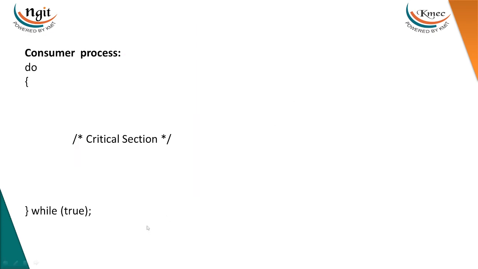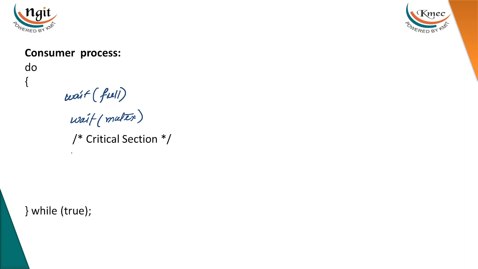If you write the consumer, we write wait on full, because the consumer will consume an item, so one filled location is decremented. Then we add wait on mutex so that we can execute the critical section.